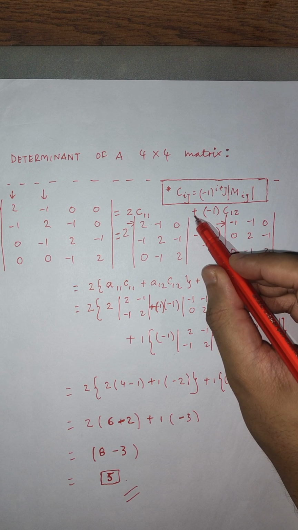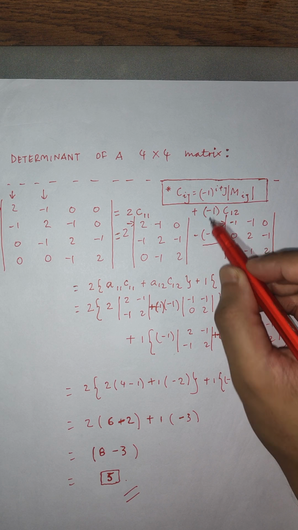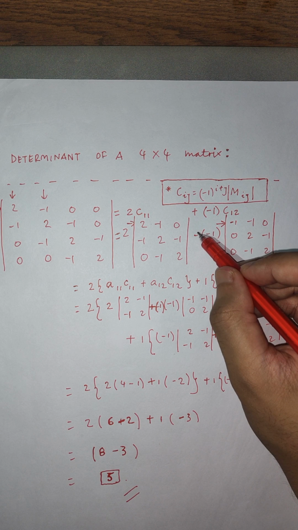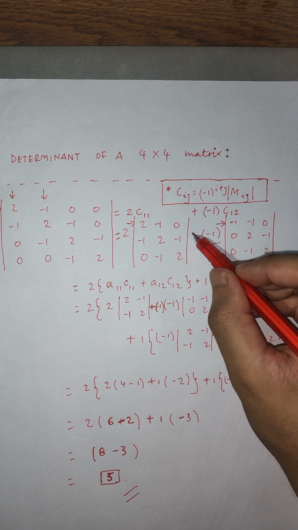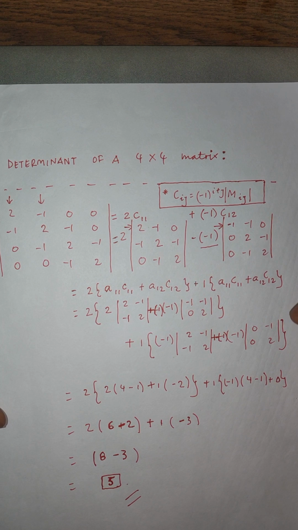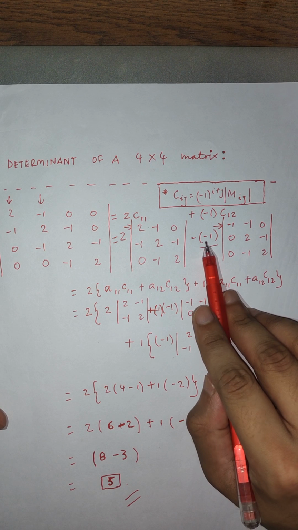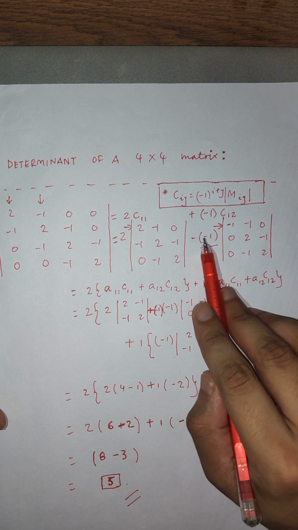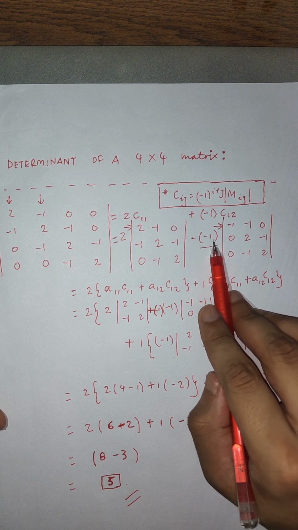So plus times -1 generates this negative sign, and then from C12 this -1 shows up.